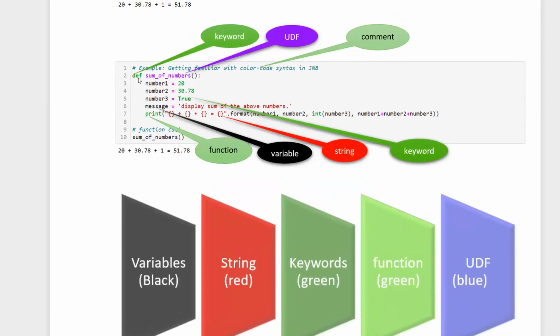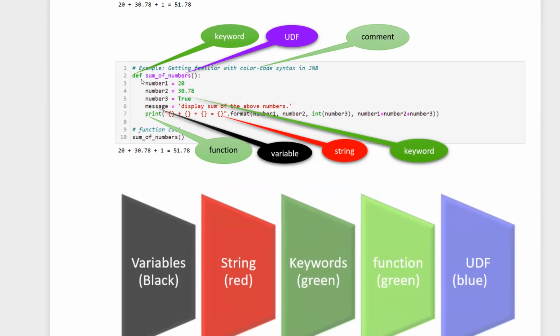For example, def is also a keyword. You see that's green in color. If I had missed in terms of spelling or case, it would not have been detected as green by Jupyter Notebook. But again, this rule of color code need not be true across any other IDEs that you are using.